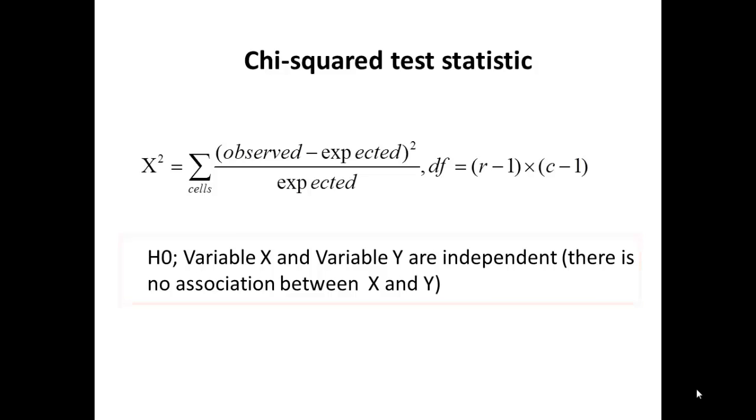So the chi-squared distribution is defined by its degrees of freedom, just like the t distribution, only this time the degrees of freedom is the number of rows minus 1 multiplied by the number of columns minus 1, which sort of makes sense because it represents the number of cells that are freely estimatable or freely subject to variation.